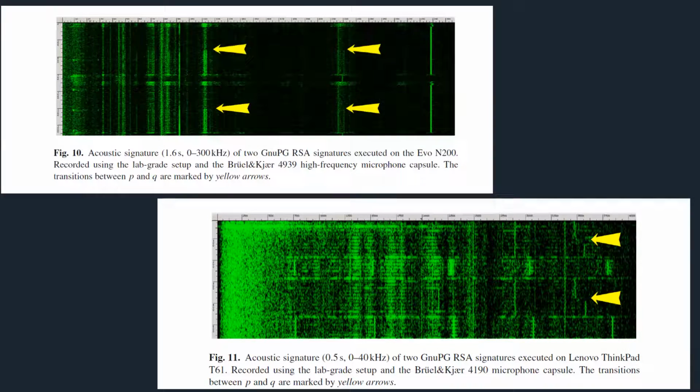That's where you're not doing anything, or the encryption is paused for an amount of time, and then you resume with the encryption of Q, where you can see the second arrow below. They did those experiments on several computers like the Mevo N200 and the Lenovo ThinkPad. You can see they get the same results for them, where you can see P separated from Q.